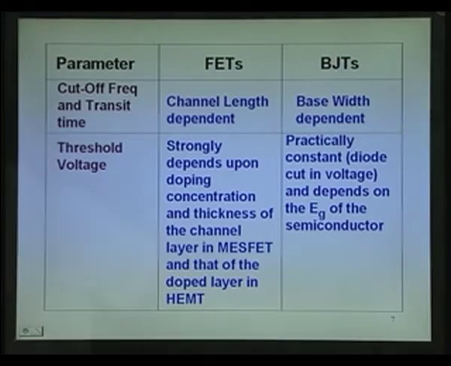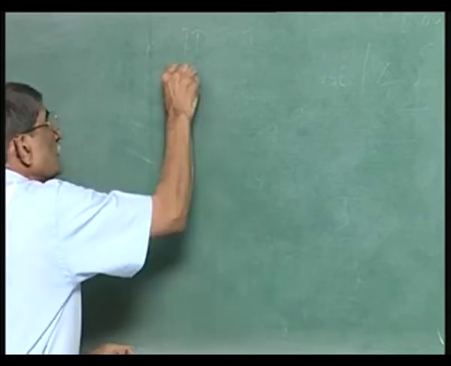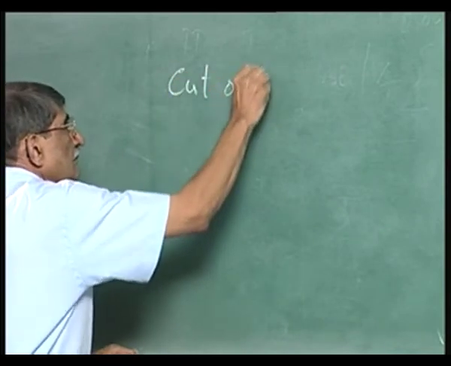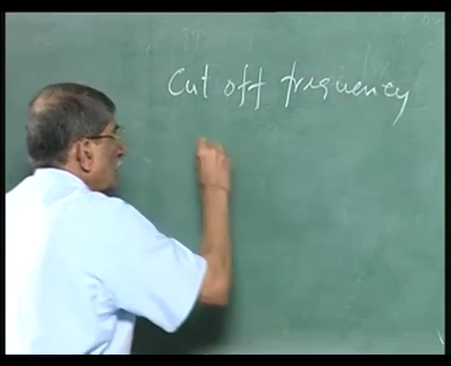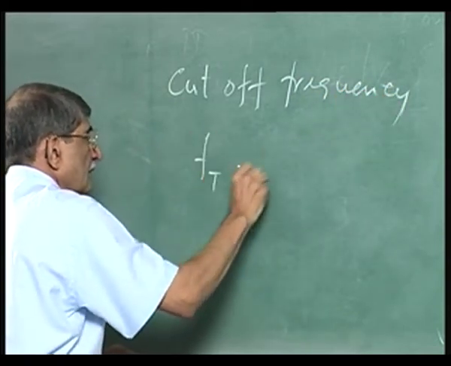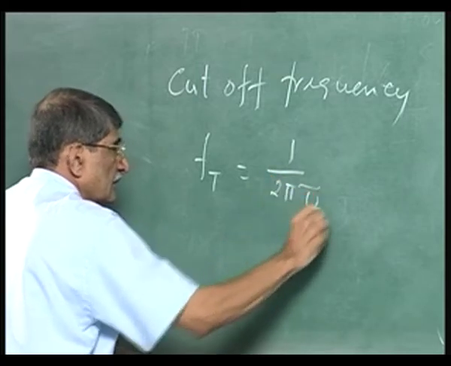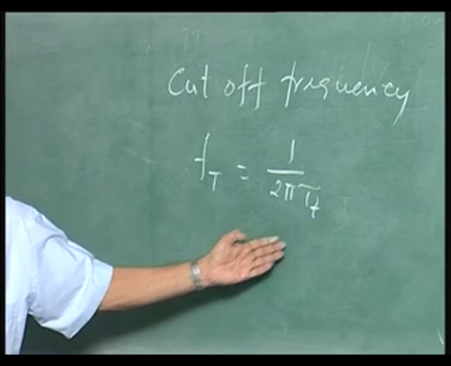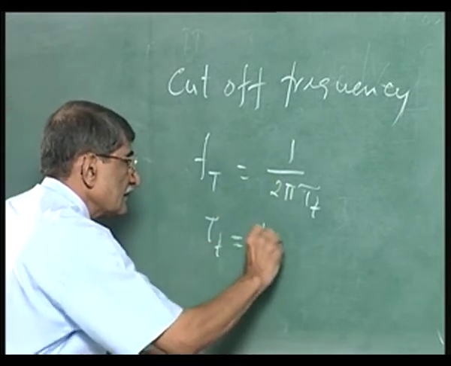The cutoff frequency f t is 1 by 2 pi tau t, or omega t is 1 by tau t. So, this tau t is the transit time.